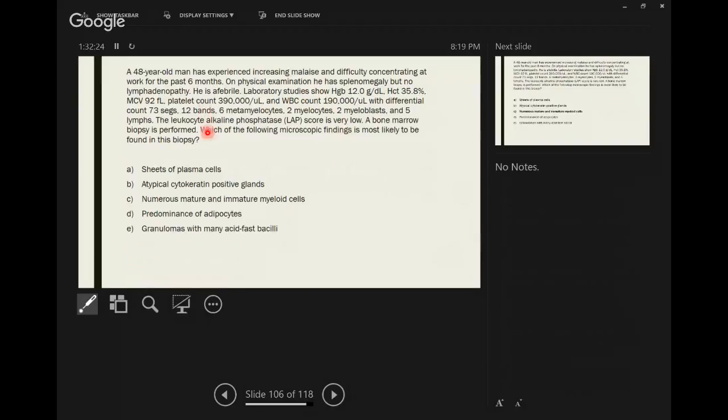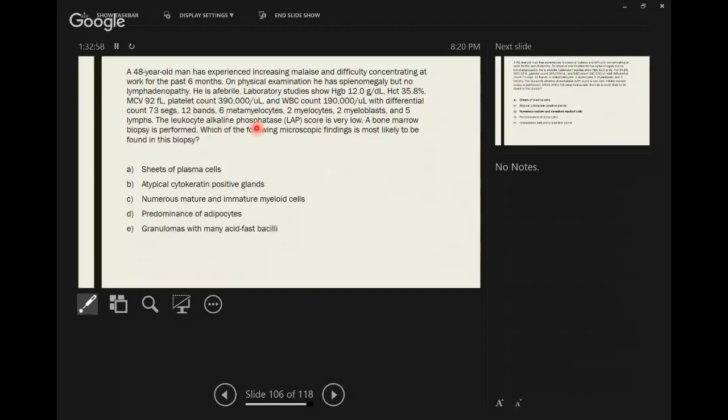All right, 48-year-old man, increasing malaise, difficulty concentrating. Hemoglobin's slightly low, hematocrit's slightly low, MCV is normal, platelet count's normal, white blood cell count is hugely elevated, and you've got lots of neutrophils and lots of bands. It's not huge amounts, just slightly elevated.